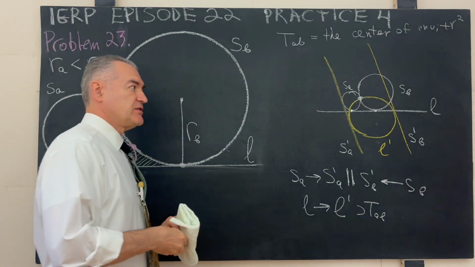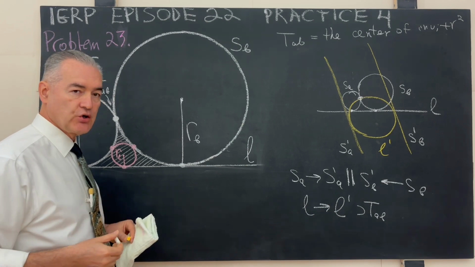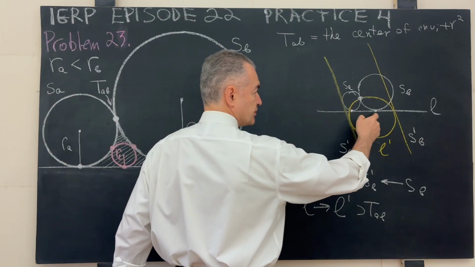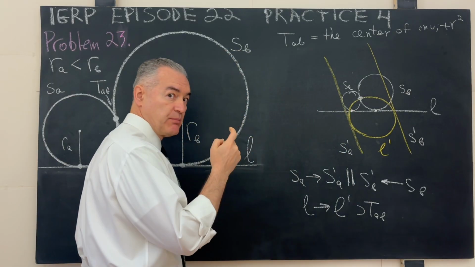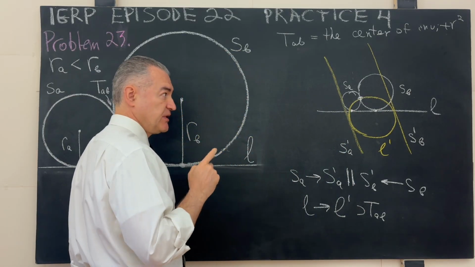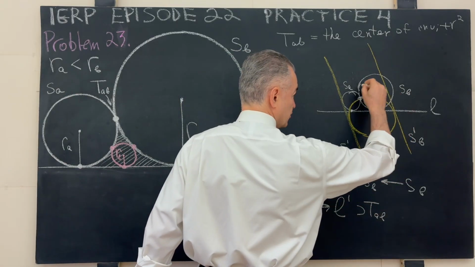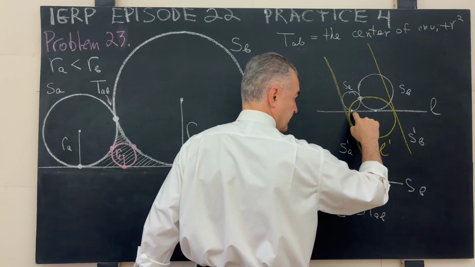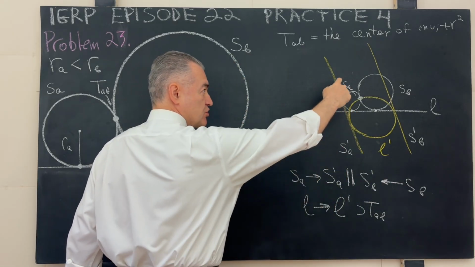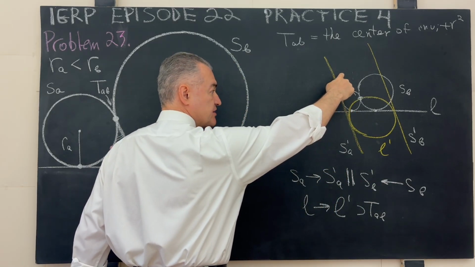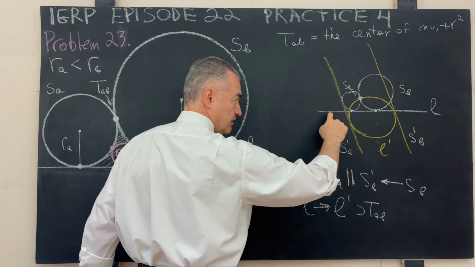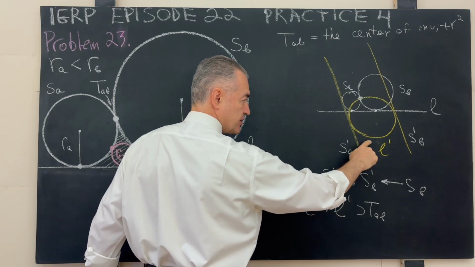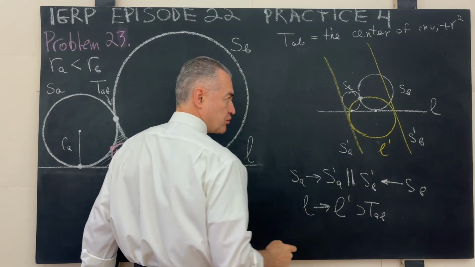Well, remember that when the touching curves touch, then their tangency points under any inversion of the parent plane are preserved. That means that if the circle SA touches the straight line L, it means that the image of the circle SA will touch the image of the straight line L. And that means that the straight line S prime A will touch the circle L prime.